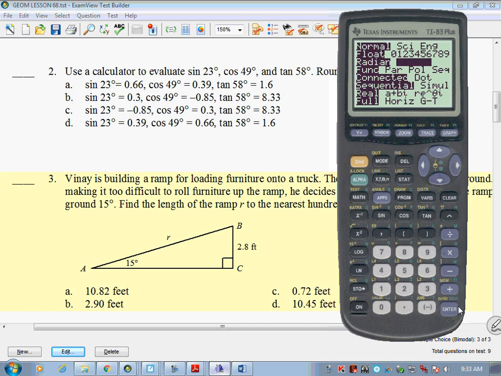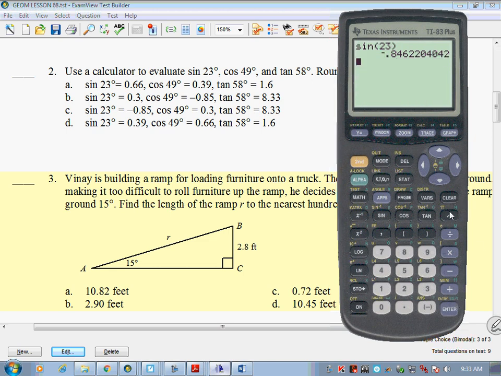Now, if you ever reset your calculator, which I do fairly often because they just have a tendency to get kind of quirky, every time you reset your calculator, you need to go in and make sure that your calculator is in degree mode because it will automatically reset it to radian mode. Okay? So I'm going to come back in here. I'm going to hit sine 23 again.